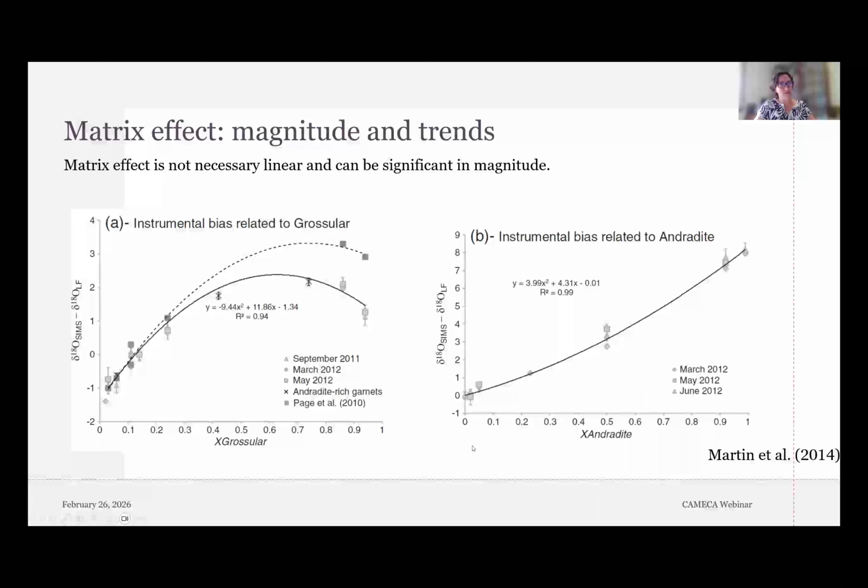So here, for example, for the effect of andradite, which is the iron 3 plus end member of the garnet, we have nearly 10 per mil bias. And for example, the relative variation of oxygen isotopes in reservoirs on Earth is about 20 per mil. So it can really change the interpretation of the data. It's not negligible.